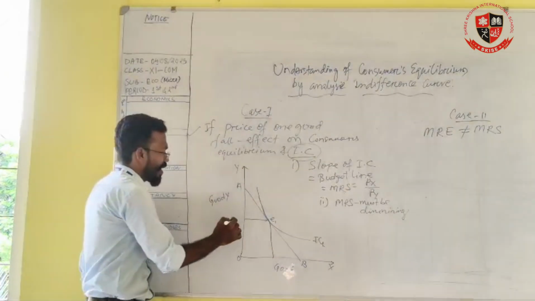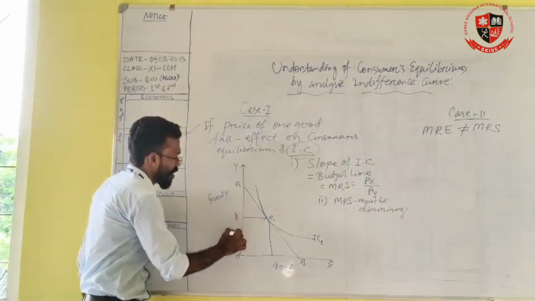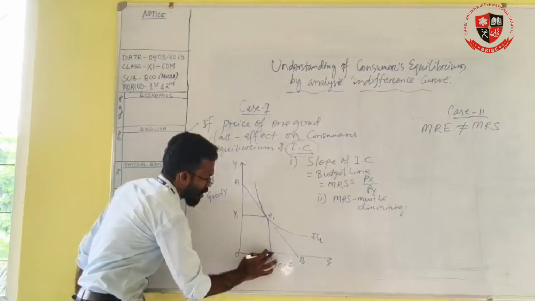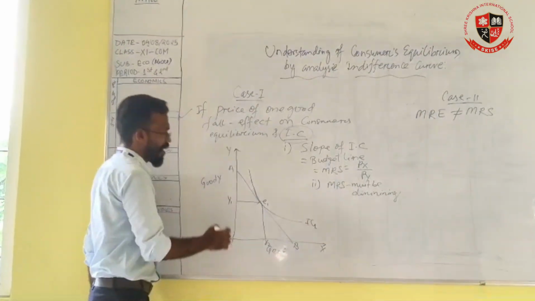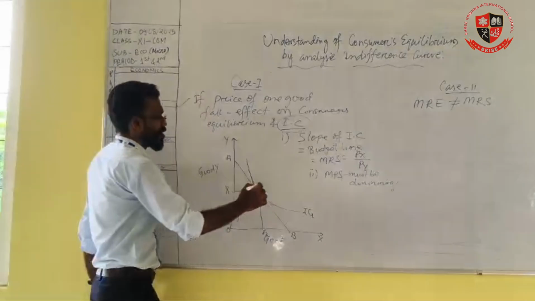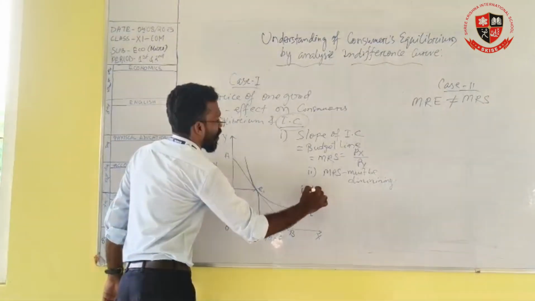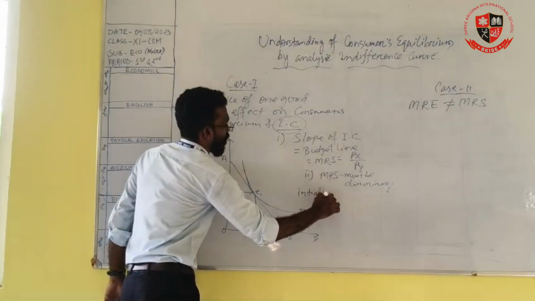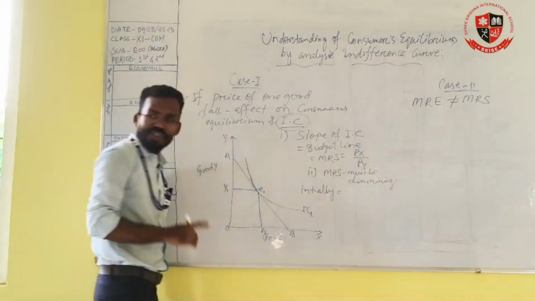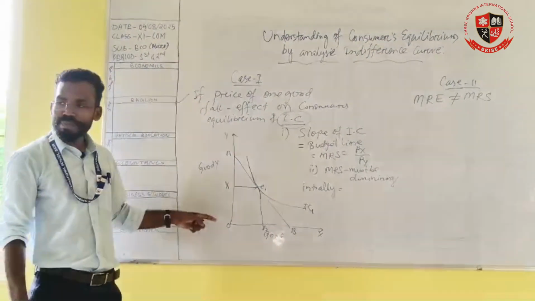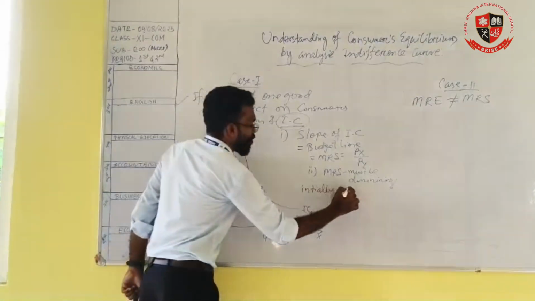Without changing the price, the consumer is consuming, initially, a combination of goods, Y1 and X1.